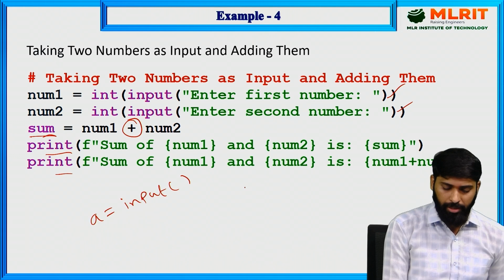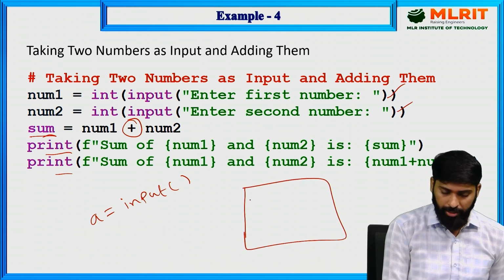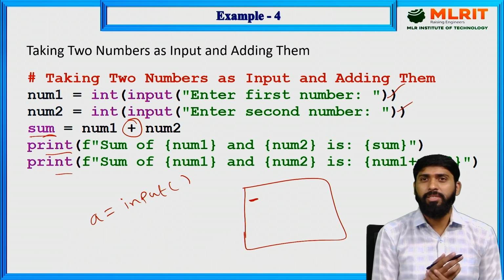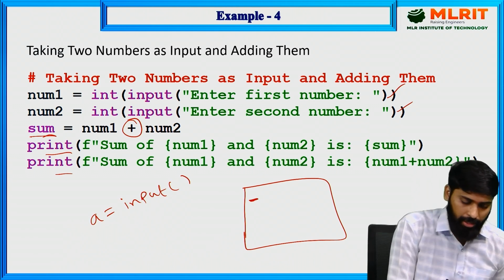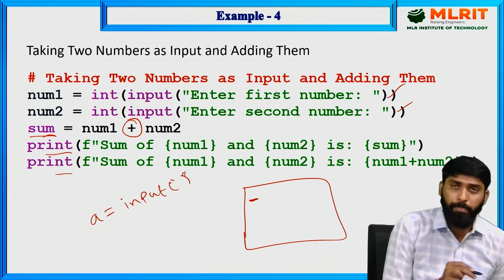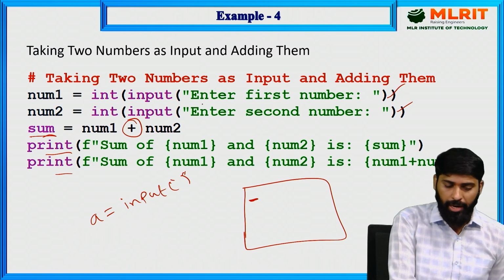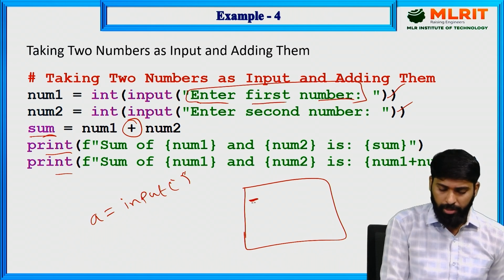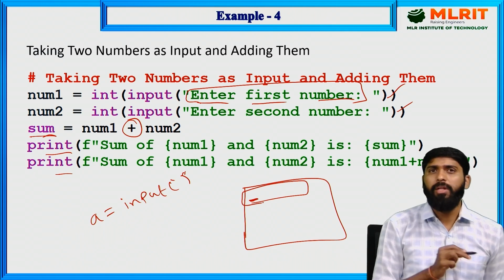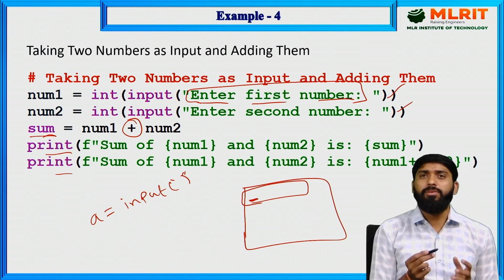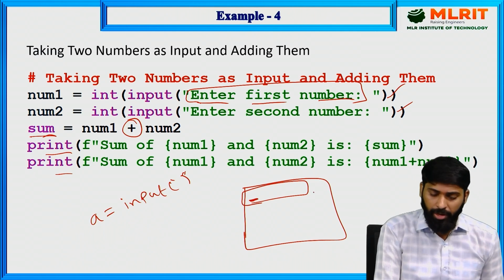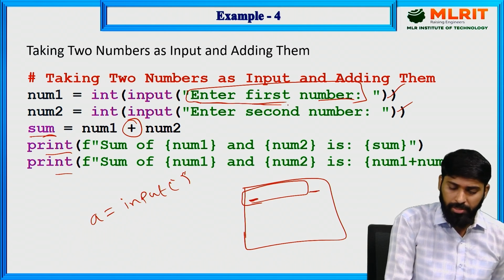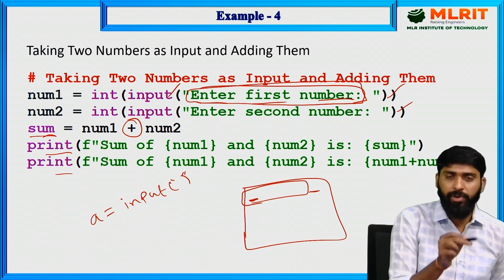Now on monitor, the cursor is waiting to read the value, but the user is not able to understand. So here in these brackets, if you print any message like this, enter first number, this will display on monitor, then easily the user will understand that here I am going to enter one number. So we can use some statements in the input function itself.